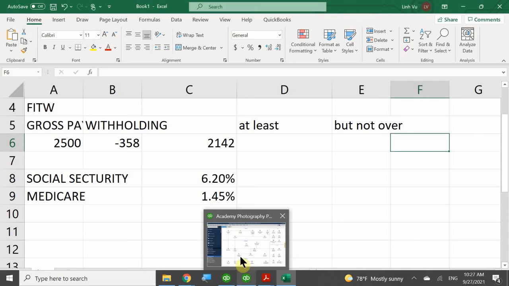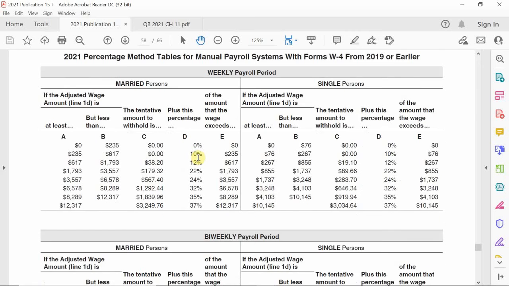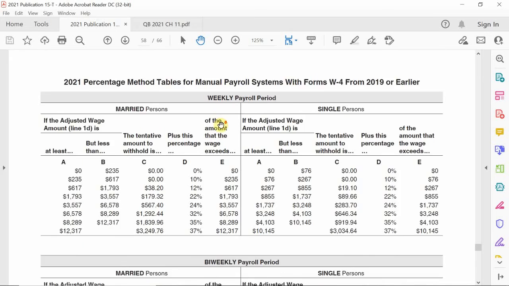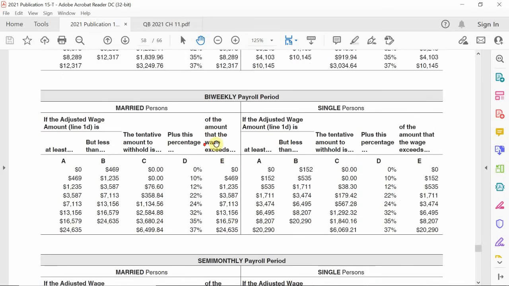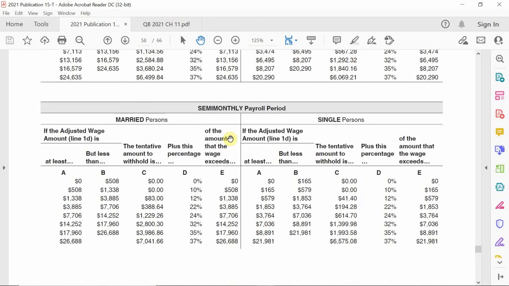So let's go ahead and take a look at our table, right? Because the table is going to ask you for specific things. It's going to be based on the pay period, the marital status, and how much she earns. So in this case, this is a weekly table, bi-weekly table. Okay, here you go, semi-monthly, all right?